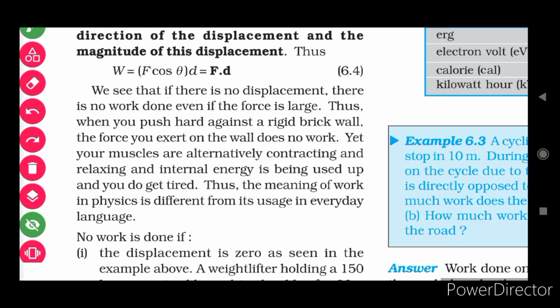In daily life we may say we have done some work in pushing the wall, but in the language of physics it is not work, because there is no displacement. Only if there is a displacement by a force is work said to be done.